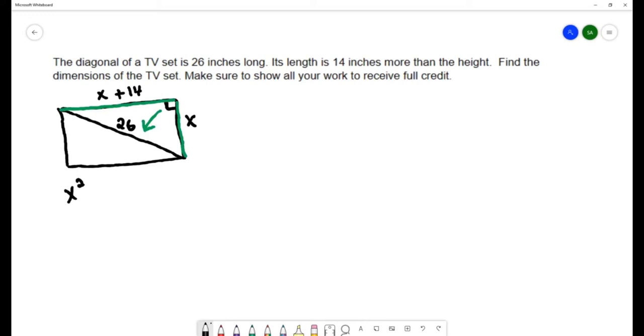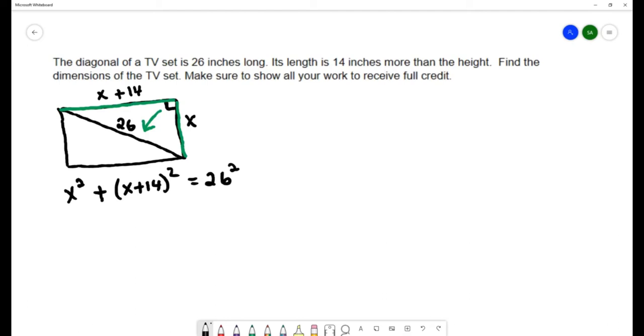So we do the sum of the square of the legs. So that's what we have here. The sum is adding, and we do the square, raising each to the second power. The square of the legs is going to equal the square of the hypotenuse. So this gives us a way to relate the sides, and we're going to be able to solve for x.